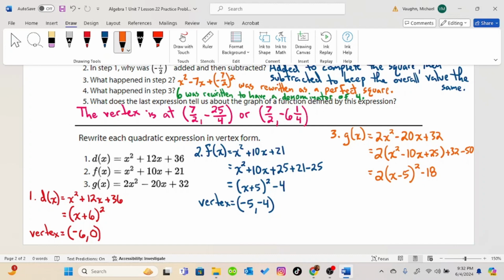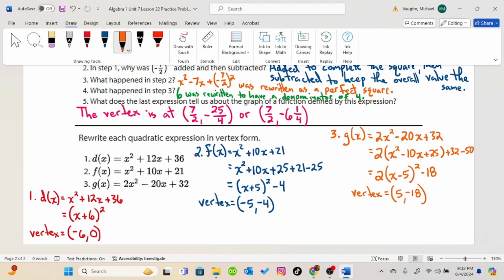Now I know that my vertex is at the opposite of what's inside parentheses. So instead of negative 5, it's at positive 5. And it's exactly what's outside parentheses. So the y coordinate is negative 18.